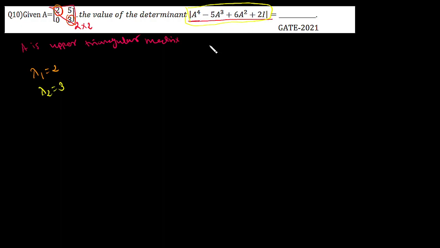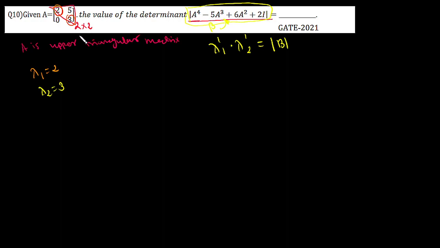Let's call them lambda 1 prime and lambda 2 prime, and their product is the determinant of this matrix. Let's call this whole matrix B. This matrix B has a particular relationship with matrix A in this polynomial form.